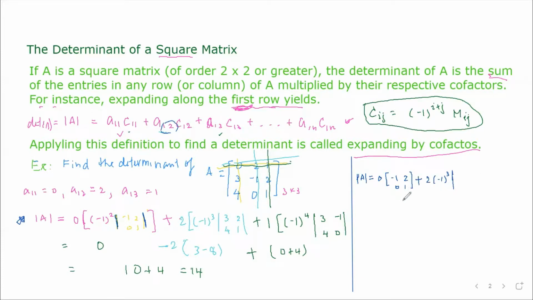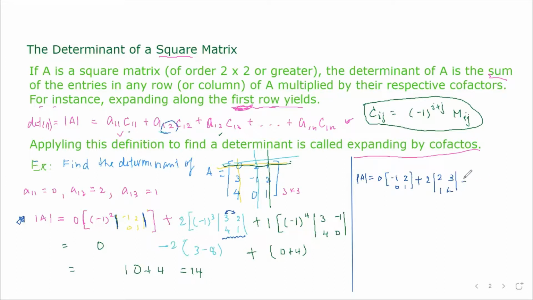If you use this trick, we don't need to write the (-1) to the power i plus j here, so let me erase this first. When you write the second term, instead of writing 3, 2, 4, 1, you swap it, and it becomes 2, 3, 1, 4. Swap this position.